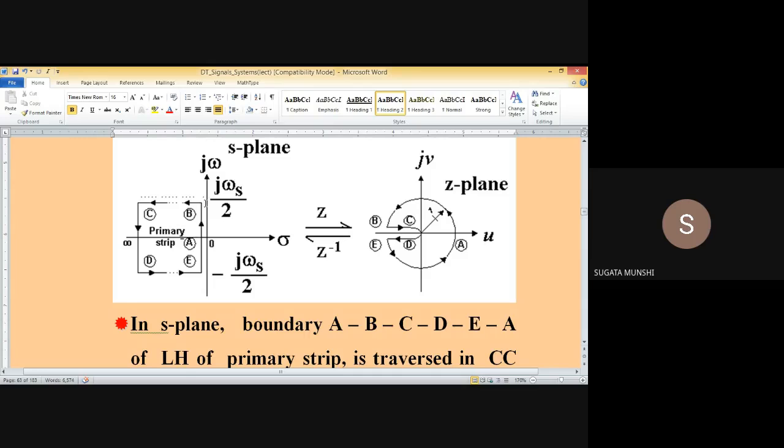Point B corresponds to the frequency j omega s by 2 along the j omega axis. At point B, what is the value of Z? It is 1 with argument pi radians. So here you reach B, where the argument is 180 degrees or pi radians.